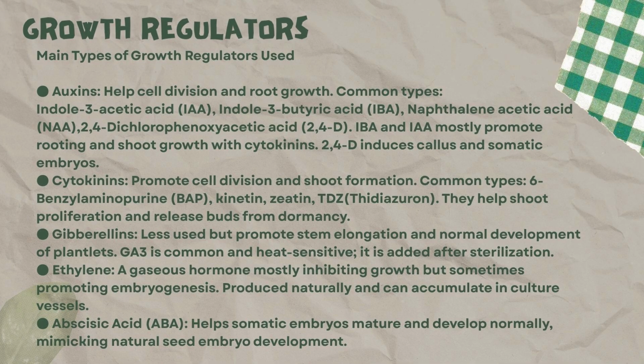Next, cytokinins encourage cell division and stimulate the formation of shoots. The most popular examples are BAP, 6-benzylaminopurine, kinetin, zeatin, and TDZ, thidiazuron. Cytokinins are key for proliferating shoots and breaking bud dormancy, often working together with auxin for optimal growth.